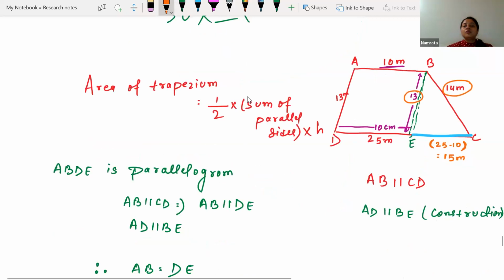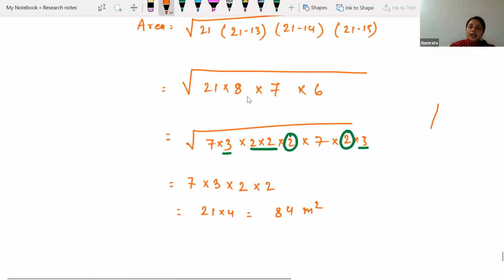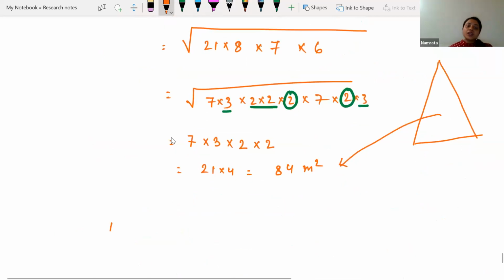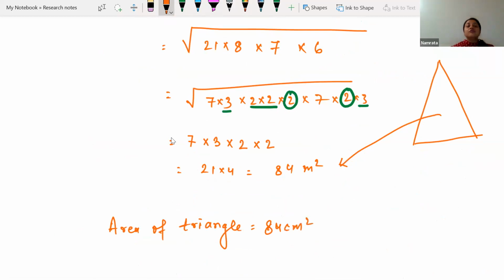So we have found that we are having one triangle on the side and that triangle area is 84 centimeter square. So let's write it. Area of triangle is 84 centimeters square. Now we know one more formula for finding the area of the triangle, that is 1 by 2 into base into height.